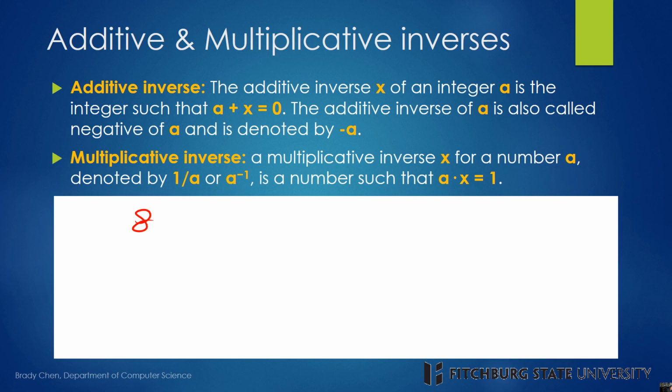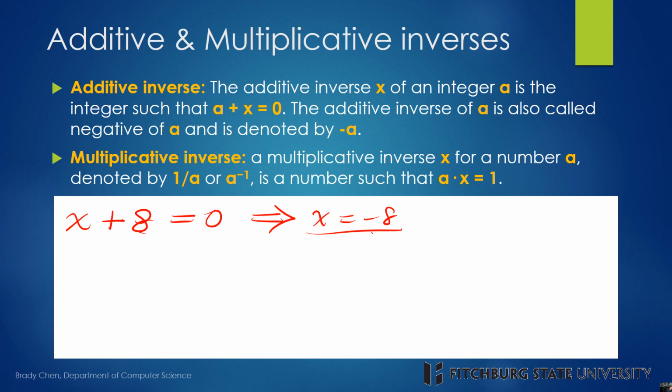Now the additive inverse of 8 is the number x such that x plus 8 is 0. What is the value of x? x is minus 8, right? So the additive inverse of 8 is minus 8 because 8 plus minus 8 is 0.